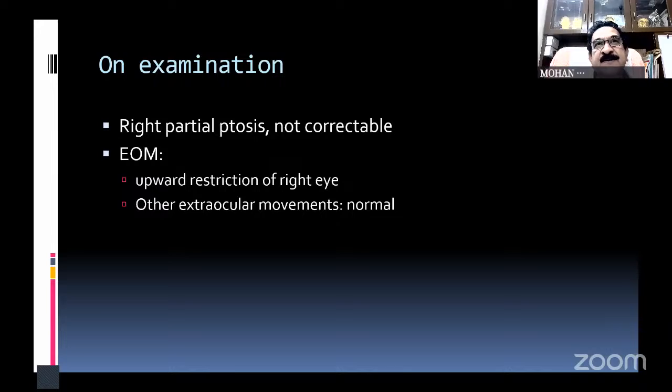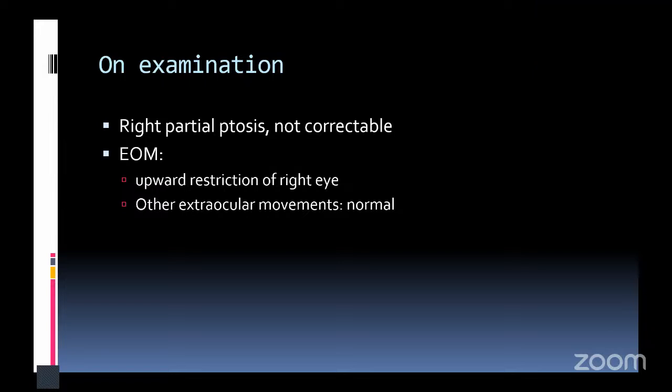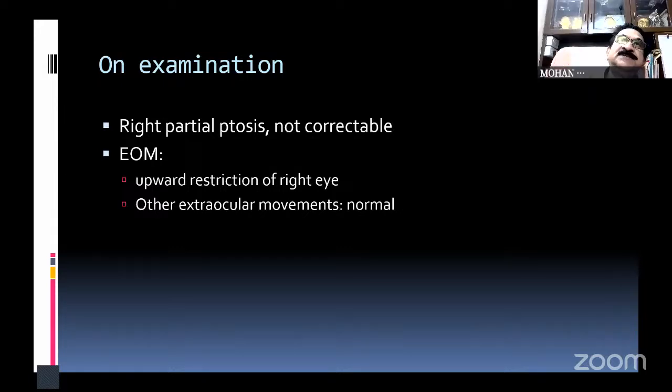Any other possibility you would like to keep in mind? Thyroid eye disease, sir. Thyroid disease, but it will not produce ptosis. Why? Because thyroid disease is basically a restrictive myopathy.